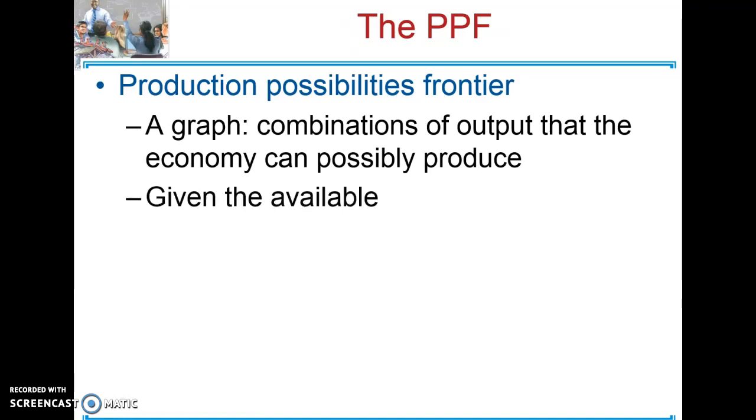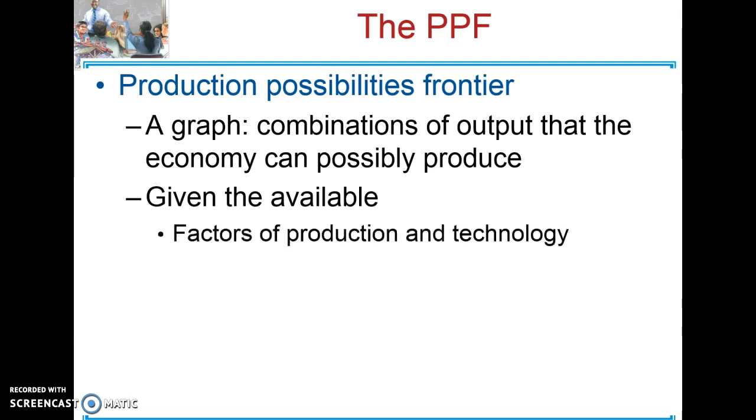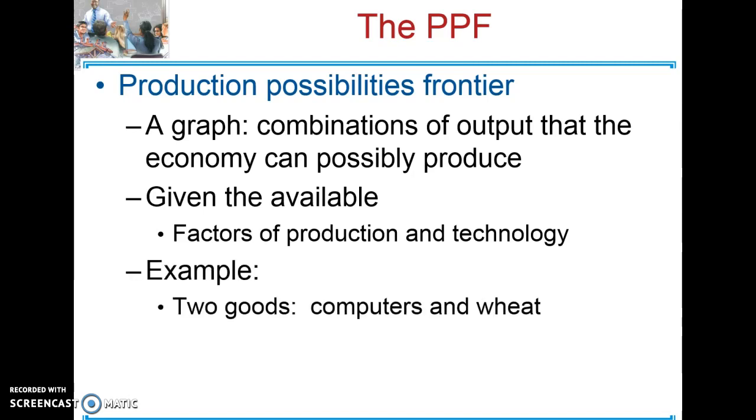The production possibility frontier is a graph that shows a combination of various outputs that an economy could produce, given the available factors of production and technology. An example is, let's look at two different goods, computers and wheat.